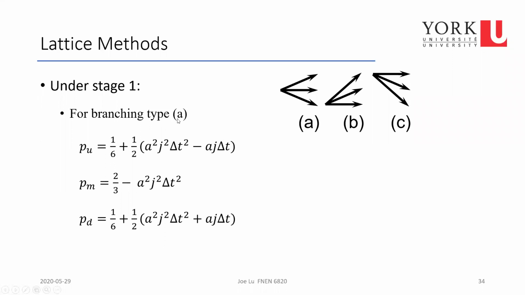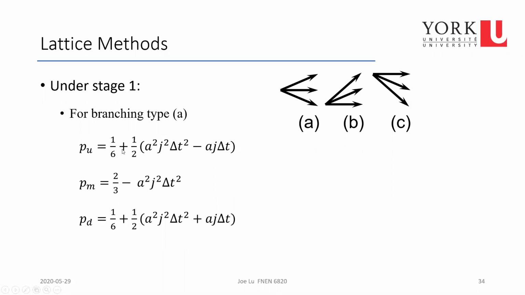So for branch type A, depending on what J and delta T you have, your probabilities PU, PM, and PD are given by this equation here.